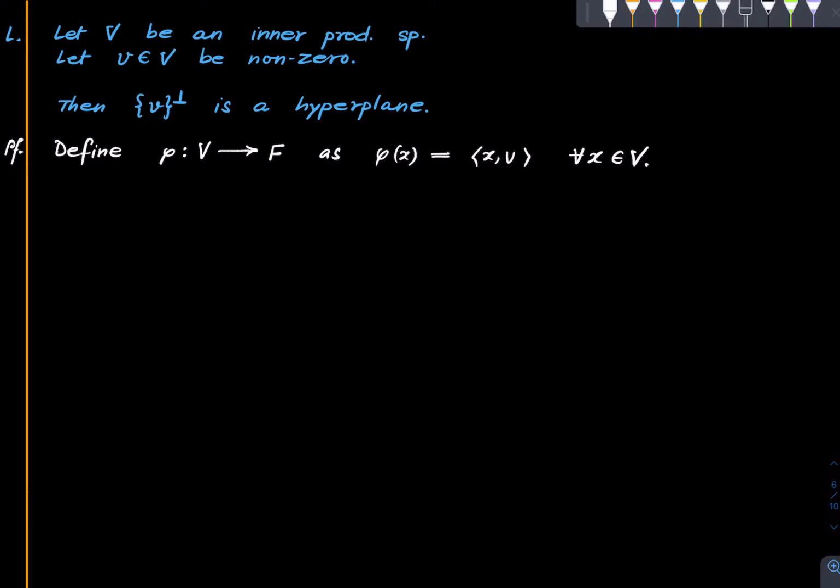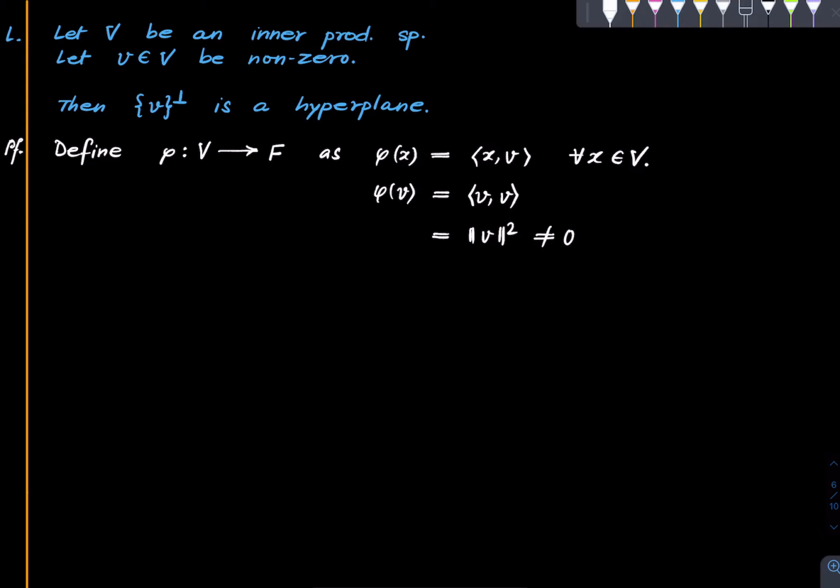So this is a linear map, and since V is non-zero, this map is not identically zero, because phi of V is V dot V, which is the norm of V squared. So this is non-zero, and hence phi is a surjective functional.